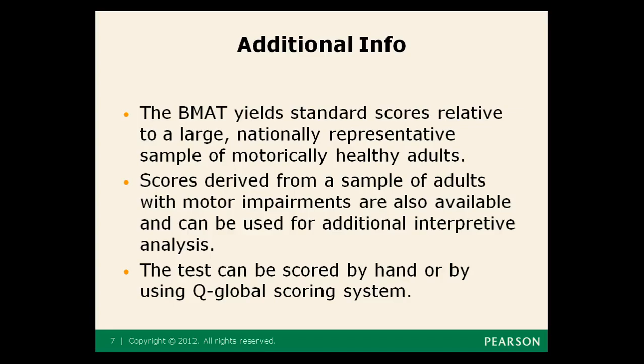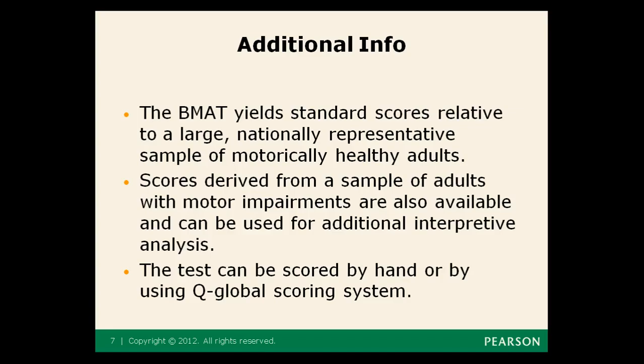Some additional information that we have about the BMAT is that we do have the ability to get standard scores that are relative to a large sample of motorically healthy adults. The primary standard scores are compared to motorically healthy adults, but we're also able to compare scores to a sample of adults with motor impairments.